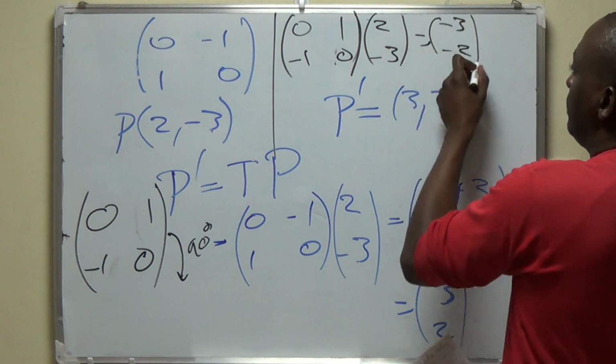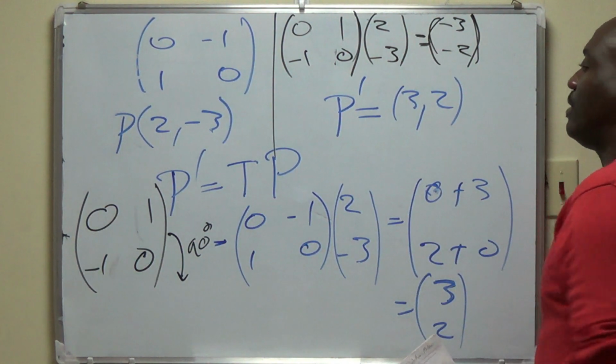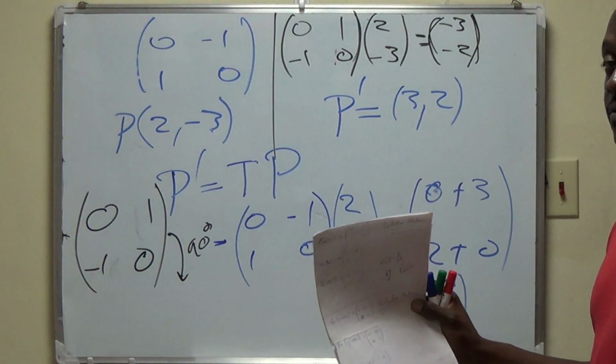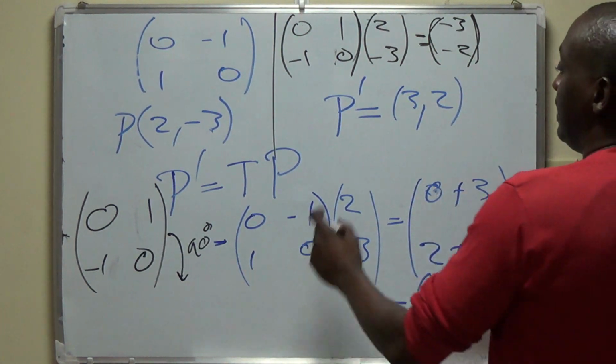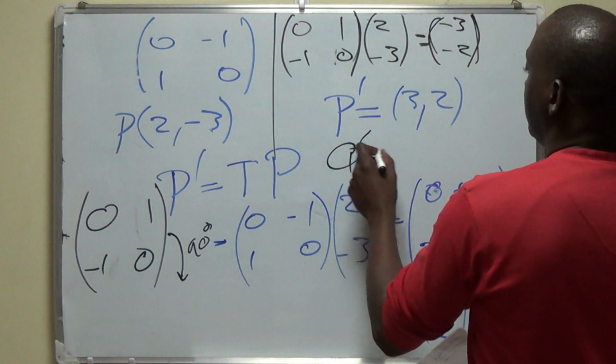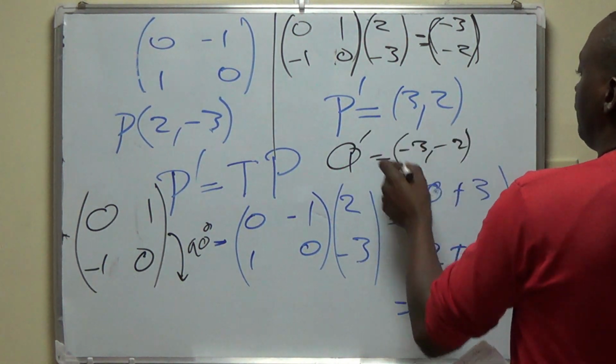So if it were a clockwise rotation of 90 degrees, which would correspond to an anti-clockwise rotation of 270 degrees, then the final coordinates of the point, let us say Q dash, would be minus 3, minus 2.